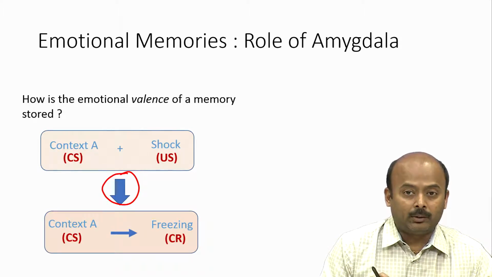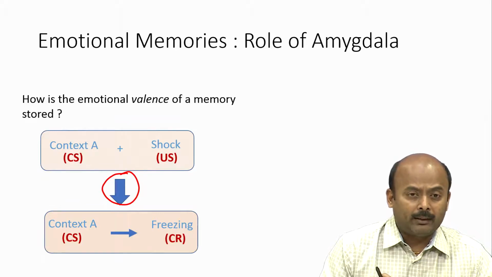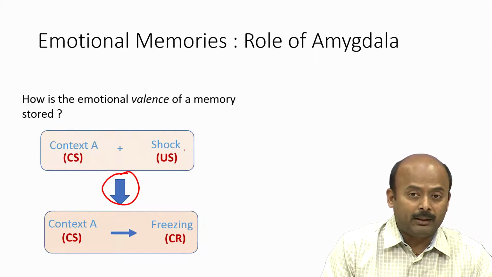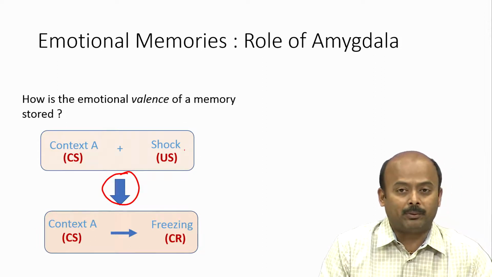But what we would like to ask is, where exactly is the emotional content? See, the shock is a bad feeling. Where is that badness stored, or is it not stored at all? Is it stored at all, or is something else being stored?